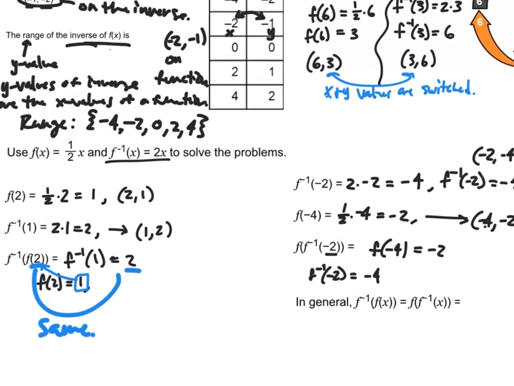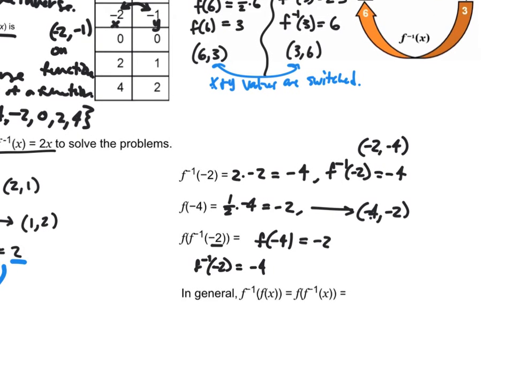So it brings us to this conclusion: if you take the composite function, f inverse of f of x, that's going to be the same thing as f of f inverse of x. And as a result, the value that you get is x.